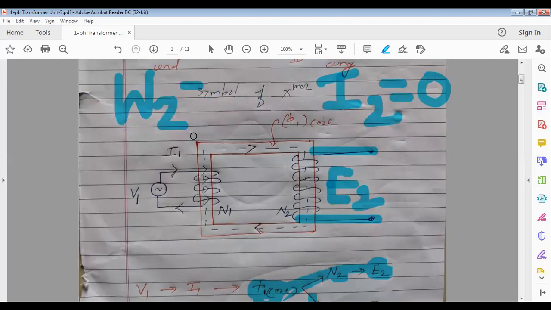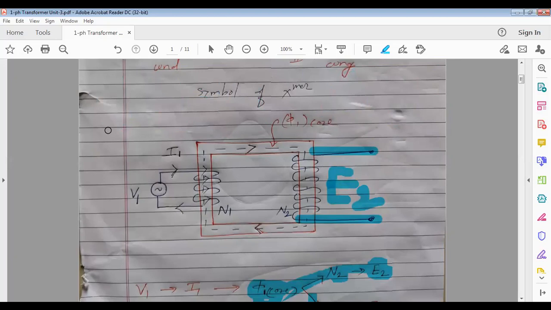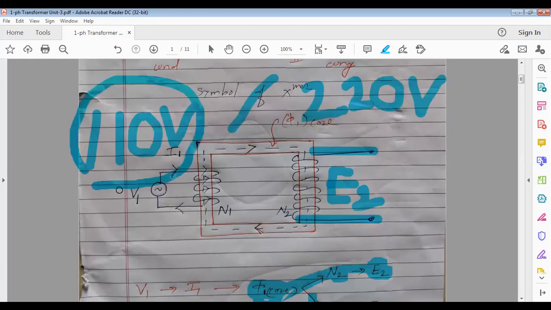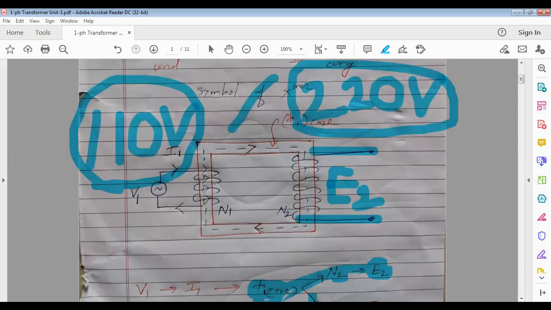Now consider the same transformer we will use, suppose here, which you have used for BEE last experiment. Consider its specification 110 volt / 220 volt. What does it mean? It's a step up transformer. Primary side voltage you are going to apply 110 volt AC and it will step it up to 220 volt on secondary.